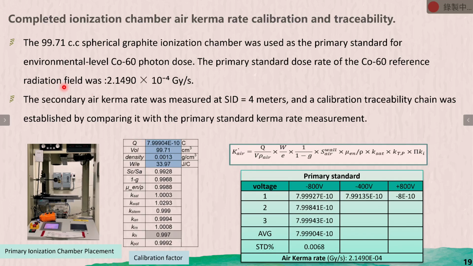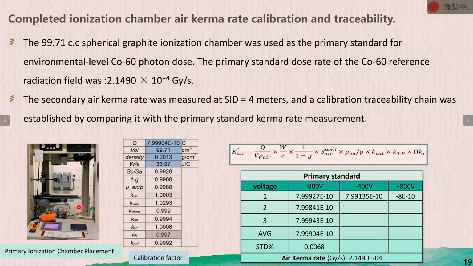Because we have to complete the ionization chamber air Kerma rate, and transfer it to our laboratory, we have to put it into our primary standard laboratory. In our cobalt-60 primary standard laboratory, we use a 99 cc spherical ionization chamber like this, which is smaller than our ionization chamber.